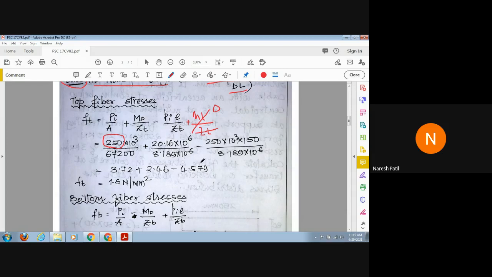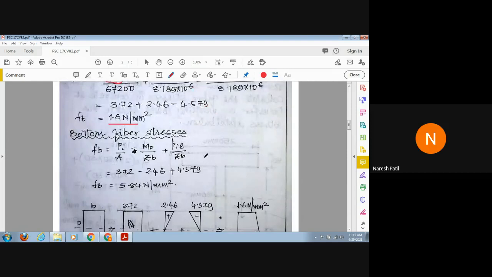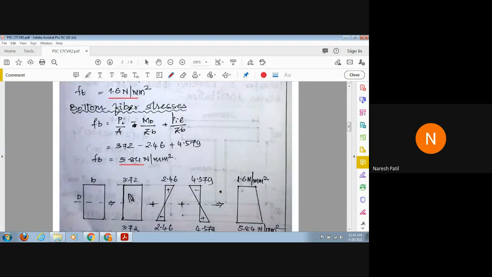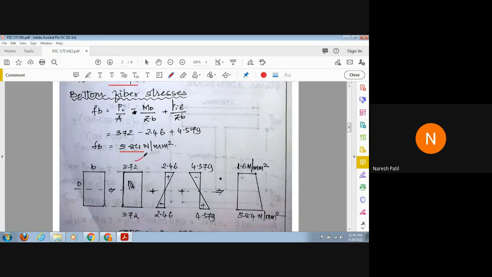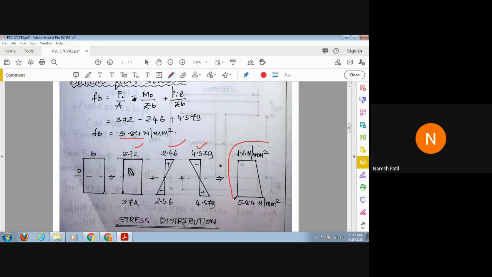Okay, then calculate. So we got FT, that is the top fiber stress, and bottom fiber stress again we got FB. So we got 1.6 and 5.84. You can see here P by A plus MD by Z plus P by Z. So we got the final stress distribution diagram.